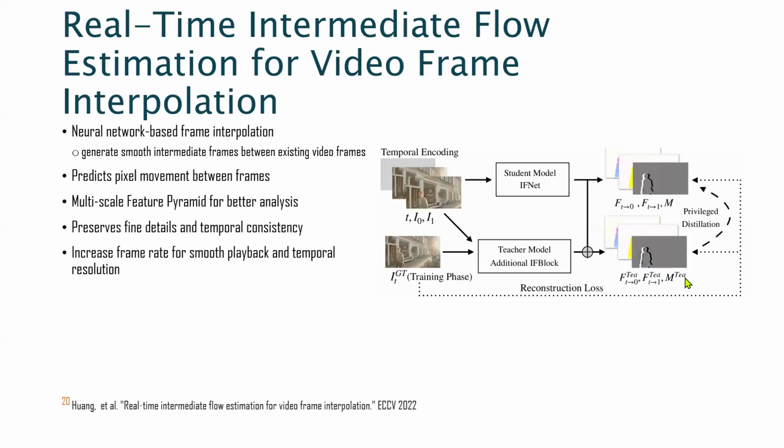The second one is Real-Time Intermediate Flow Estimation for video frame interpolation, and we tried to modify it specifically for mobile and for images. It is a neural network-based frame interpolation that uses a teacher-student method to generate smooth intermediate frames between existing video frames.